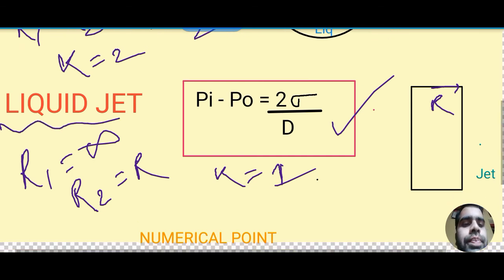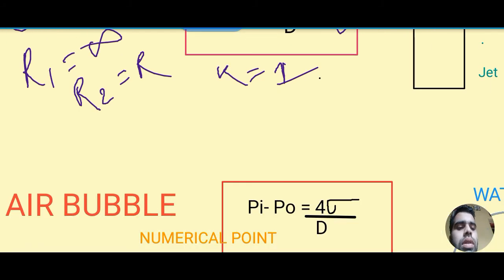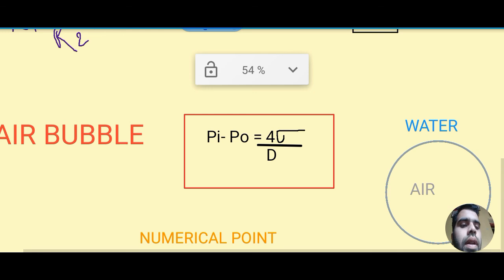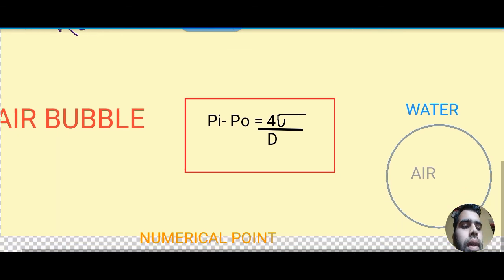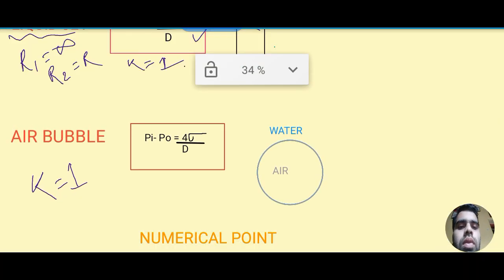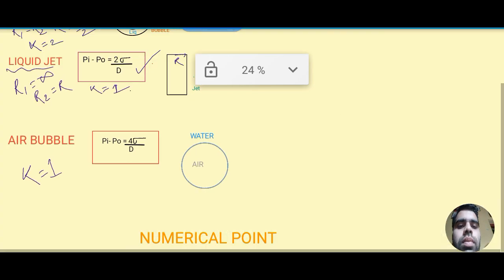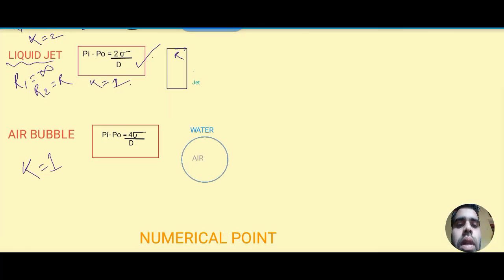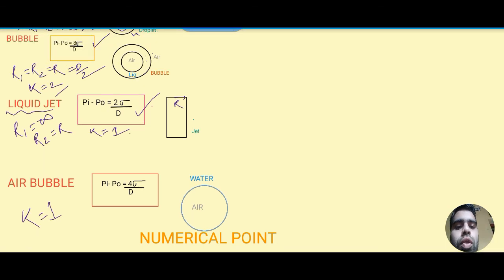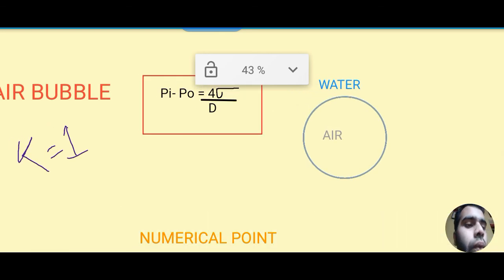That's all. Now this is an important case, that is the air bubble. For an air bubble, the value of K is 1. For a water bubble, we have seen K is equal to 2. For an air bubble, K equals 1. Why?